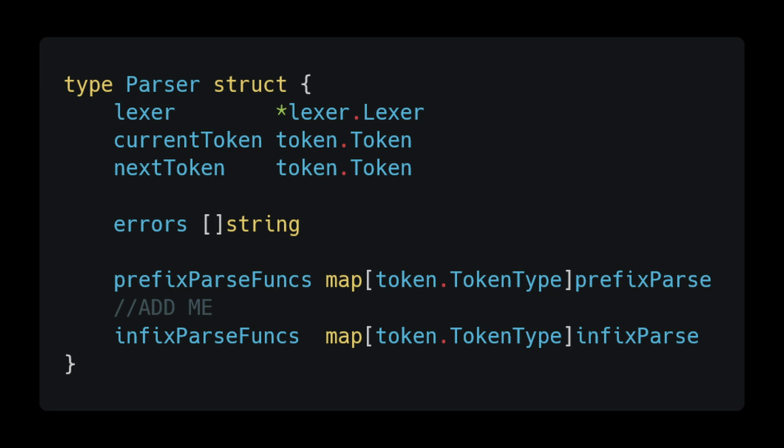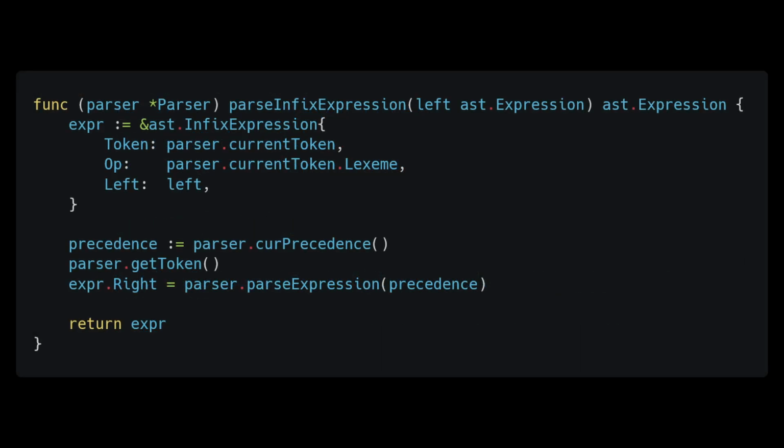Now we actually need to code the parse infix expression method. The first thing that we do is create our infix expression object. The current token in our parser holds the operator we are working with, like multiplication or addition, so we will use that as our token, and its lexeme is our operator. The left side of the expression is passed into this method as an argument.